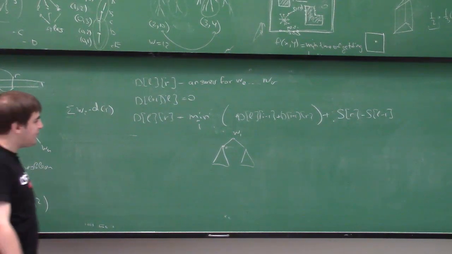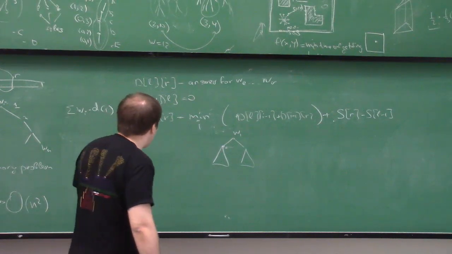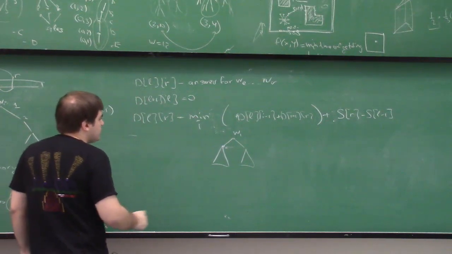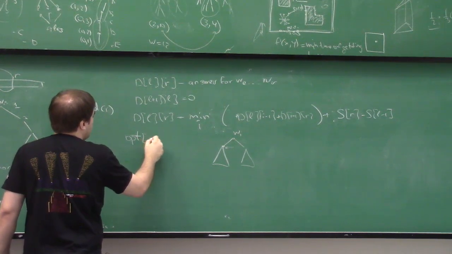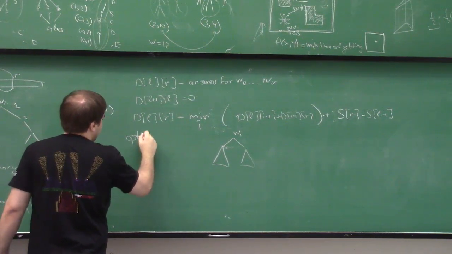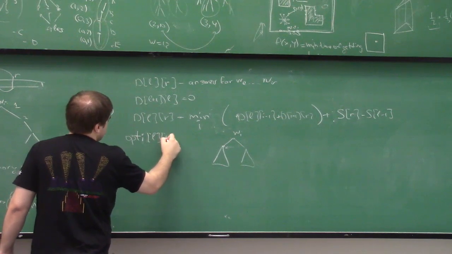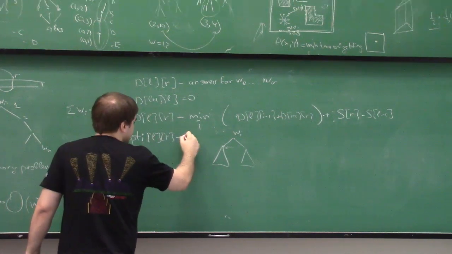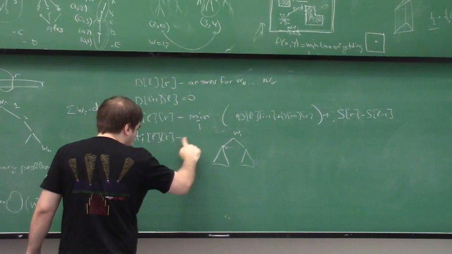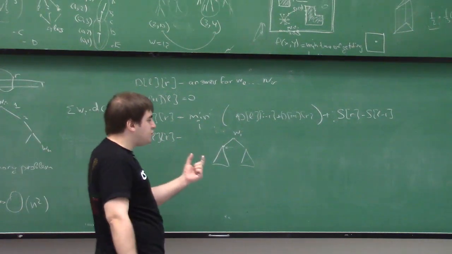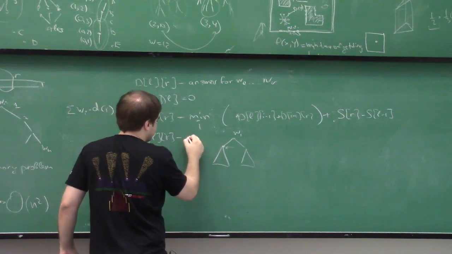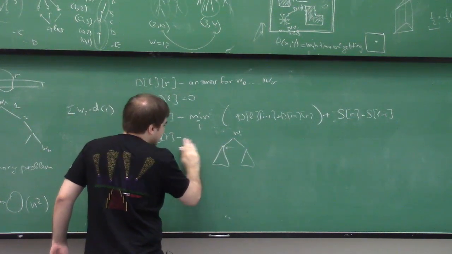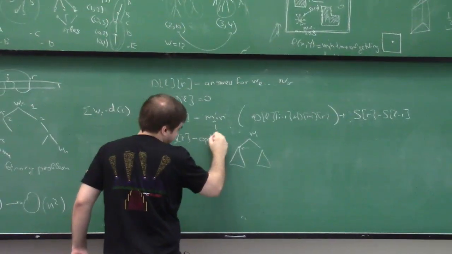Donald Knuth was the first who noticed the following fact. Denote as opt i of LR the optimum number to be chosen as a root.